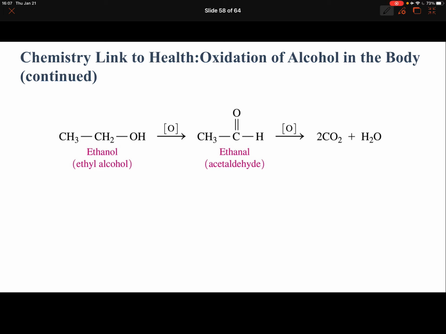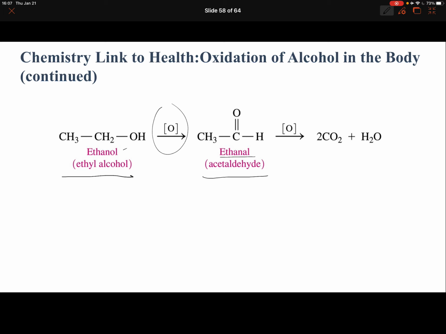The acetaldehyde product is produced from ethanol in the liver. So if you take a look at ethyl alcohol, in the liver it gets oxidized into ethanal, or acetaldehyde is the common name. That gets further oxidized to acetic acid, and then it gets converted into carbon dioxide and water in the citric acid cycle.